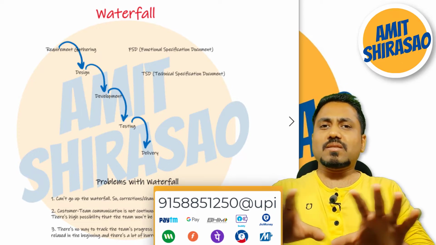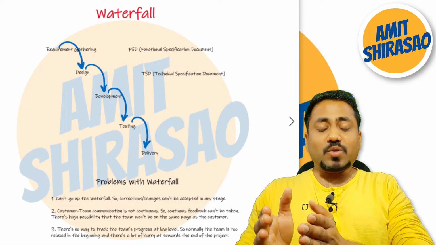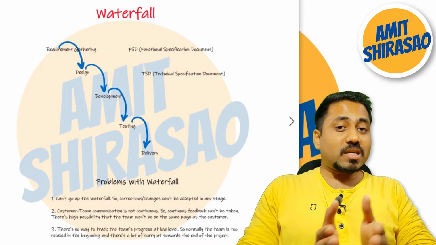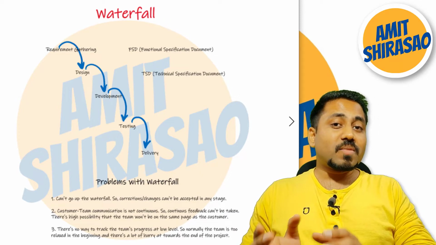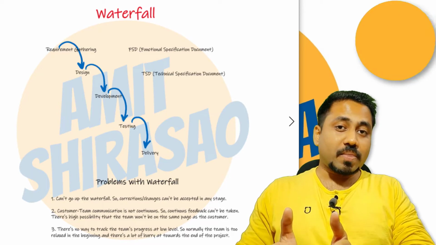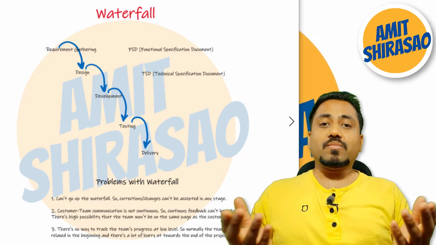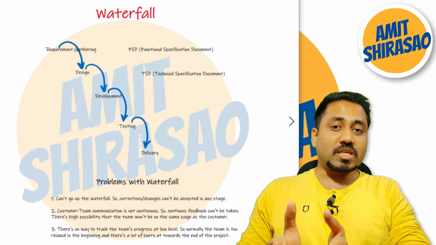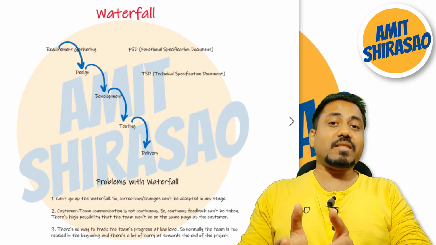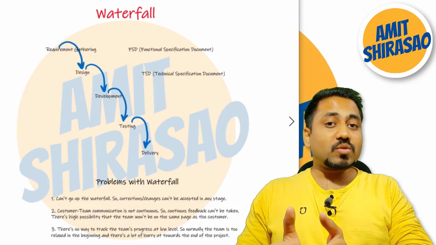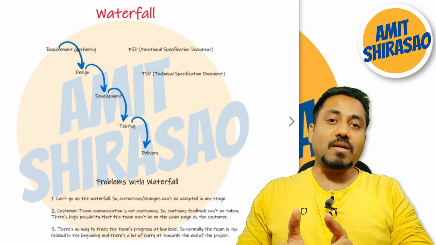This way, in this method, the project development happens stage by stage and people are hired only for the stage. For example, this waterfall starts with the first stage, which is called as the requirement gathering phase. In this phase only the business people are hired.